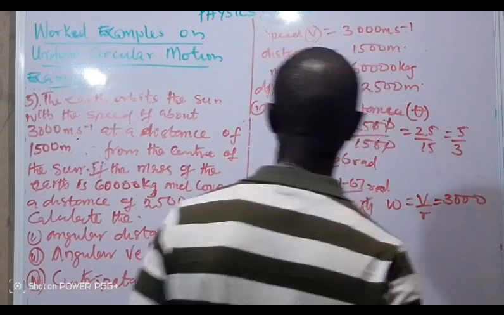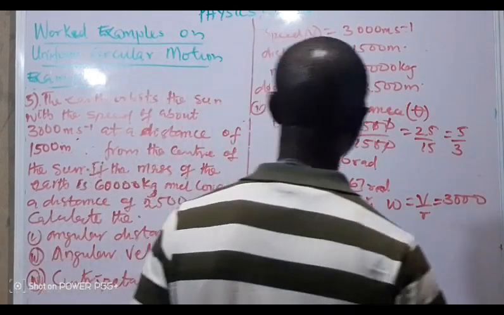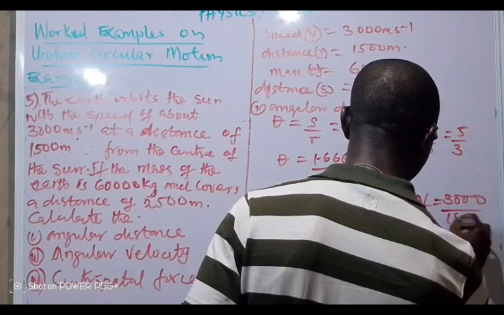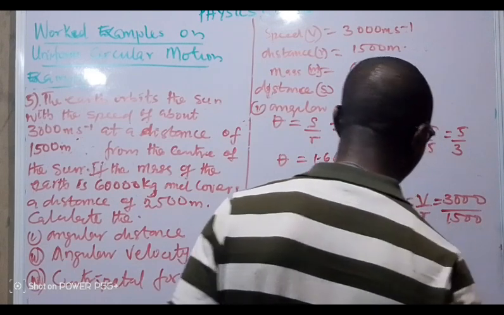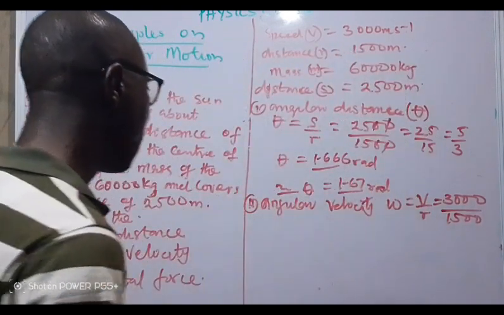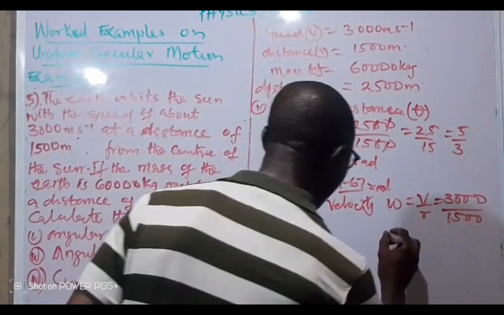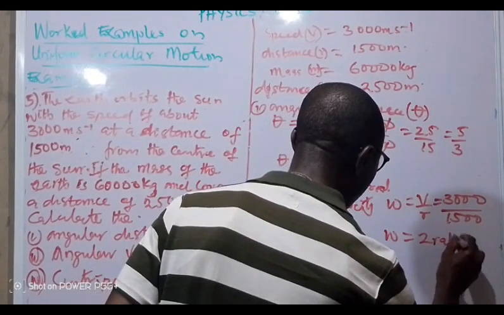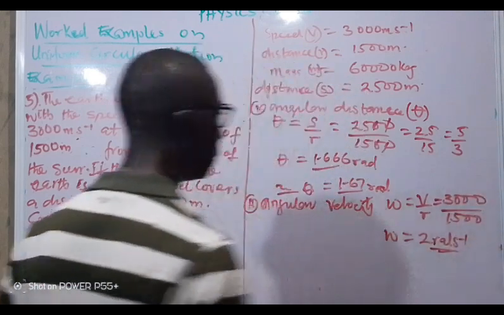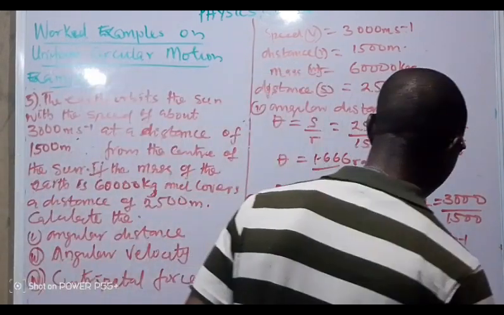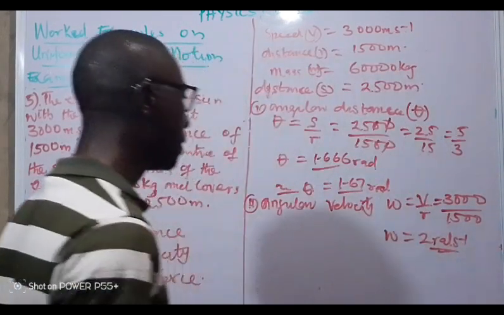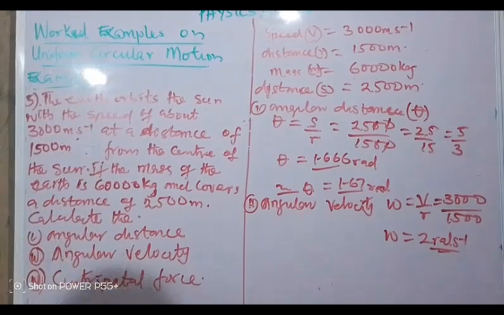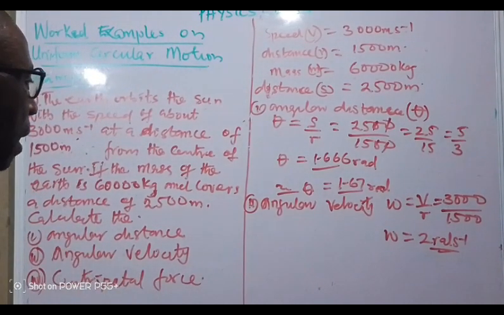Our r is 1,500. 3,000 divided by 1,500. So our omega is equal to 2 rad per second. That is for angular velocity.